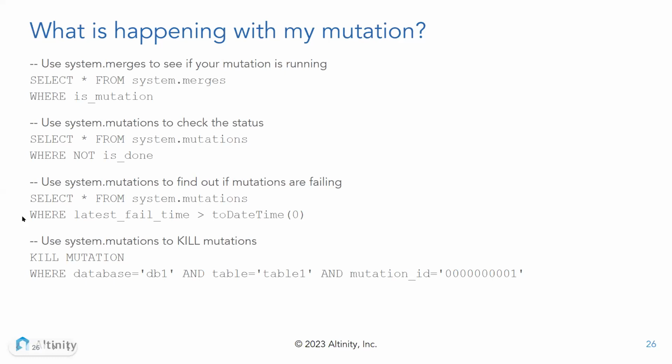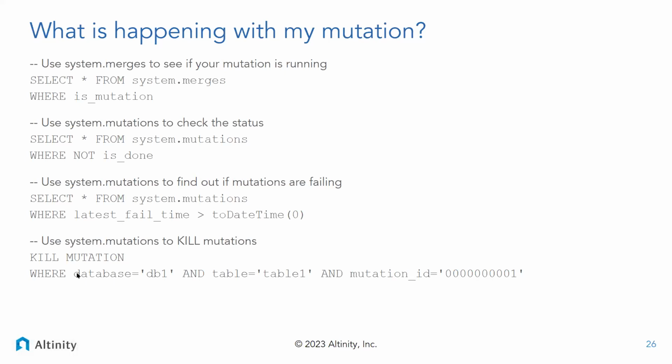And then if things go really wrong, for example, a common problem we'll talk about in a second is that mutations, because they're heavyweight, may, if you issue the wrong command, actually bog down your server for a day. That's not good. So there is a way to kill a mutation. Basically you use the KILL MUTATION command with a WHERE clause, and these are selectors that must match on something in the system.mutations table.